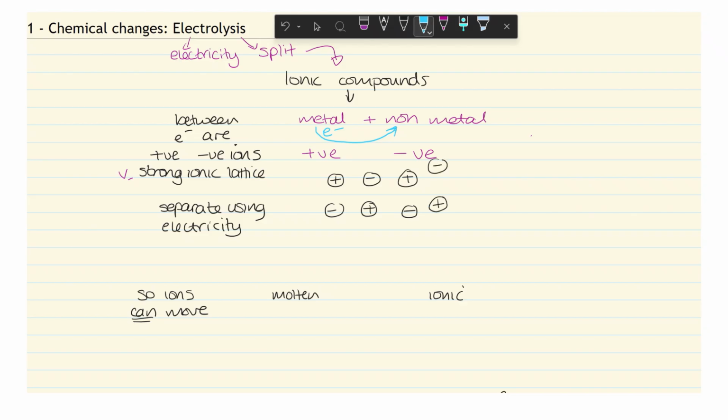So there is a strong force of attraction between the plus and minus charges, and these are everywhere, above, below, behind, in front of this ionic lattice. This ionic lattice has very strong electrostatic force of attraction. So let's label these up here. Electrostatic force of attraction.